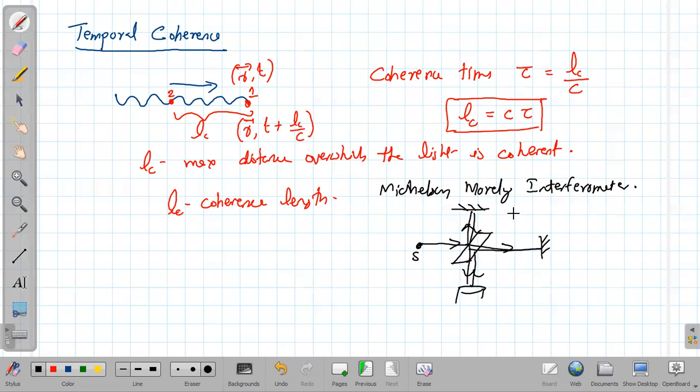So we can have some notation. Better, we can have the partially reflecting mirror P, and M1, M2. If the magnitude of PM2 minus PM1 is less than the coherence length, we will get fringes.